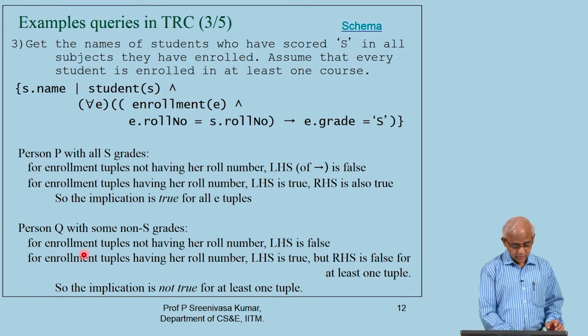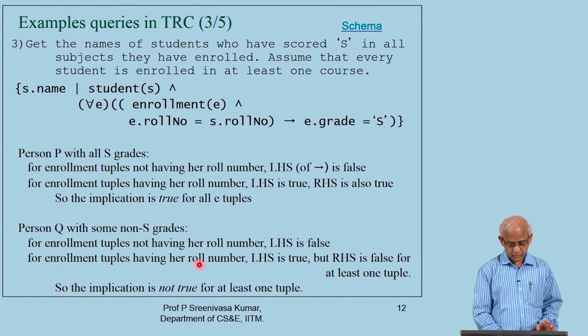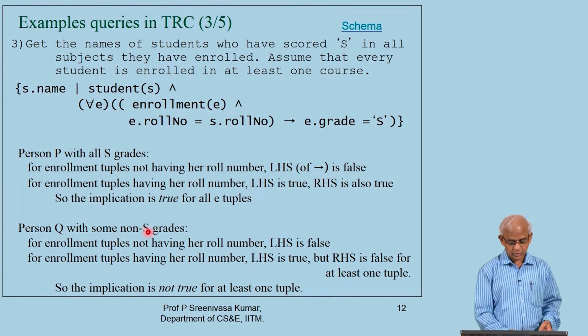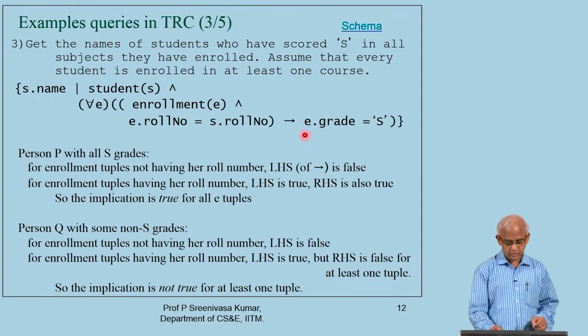But then there are some enrollment tuples where E dot roll number is this particular student's roll number, but there is at least one such enrollment tuple where E dot grade is not equal to S, because we know that this person Q has some non S grades, and so the implication will not be true in such a situation. So, RHS is going to be false for at least one enrollment tuple.